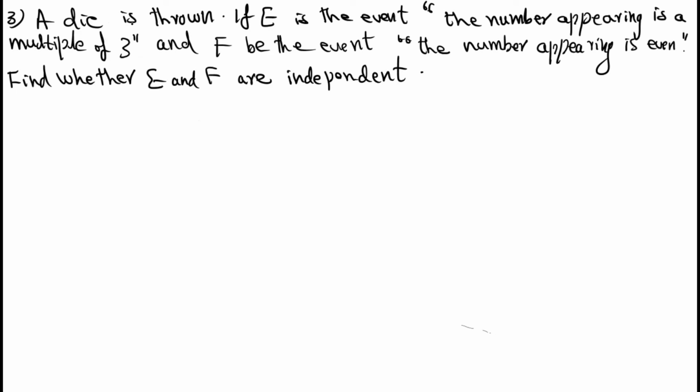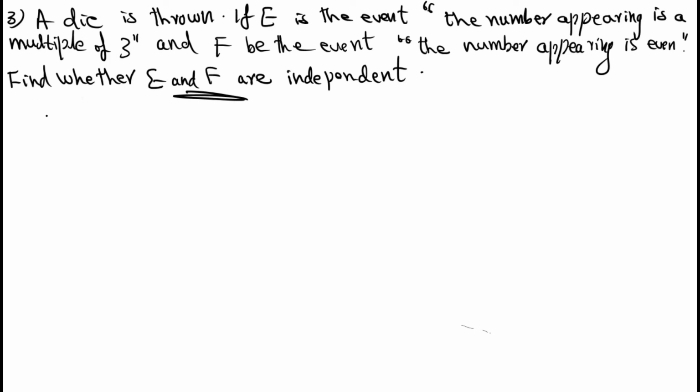See the next question. A die is thrown. If E is the event, the number appearing is a multiple of 3, and F is the event, the number appearing is even. Find whether E and F are independent or not. You need to check whether the given events are independent or not. Okay. See, given data, a die is thrown.